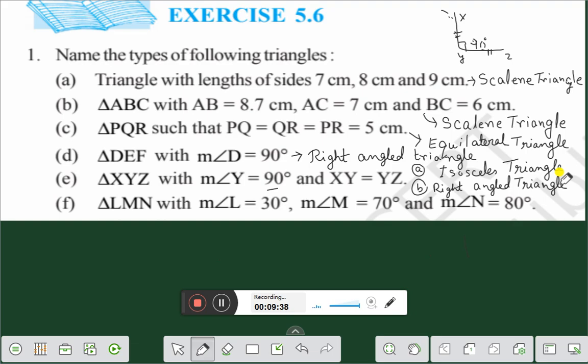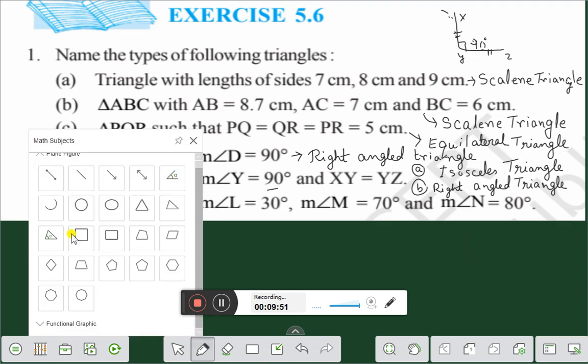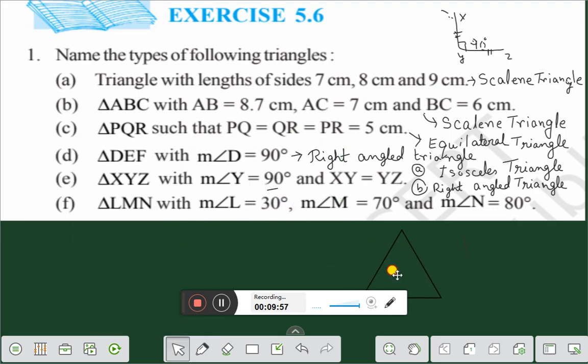Now if we make a triangle like this, here is a triangle.